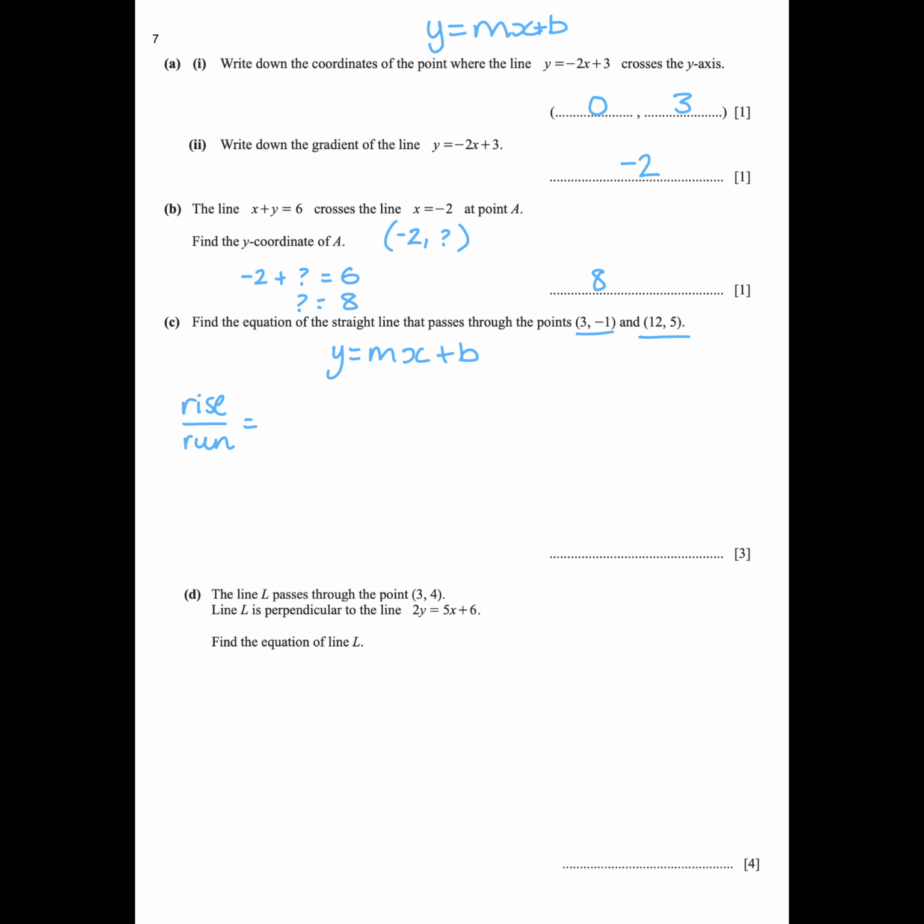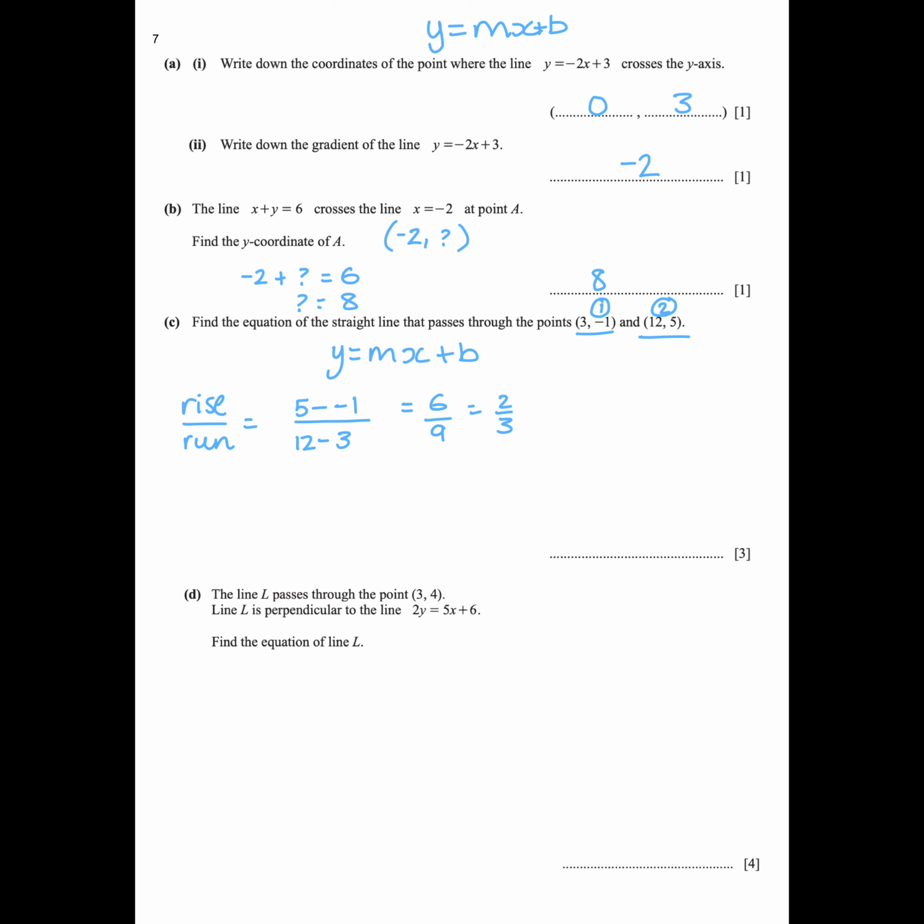If I use this as my first coordinate and this as my second coordinate, the rise is 5 minus minus 1, so that's 6 in total. And then 12 minus 3, which gives me 9. So the gradient there is 2/3 once I simplify it.